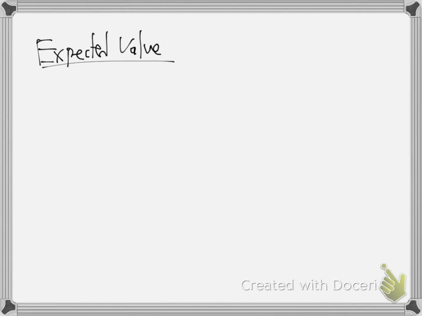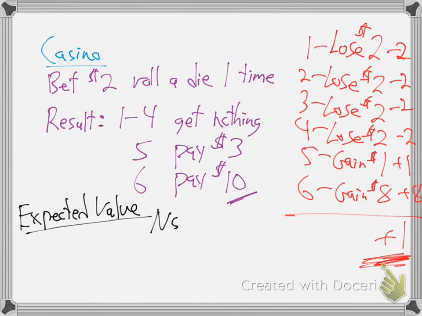You have in one column the dollar net gain, and in the other column you have the probability of that happening. So we come back over here, and we have all these results.